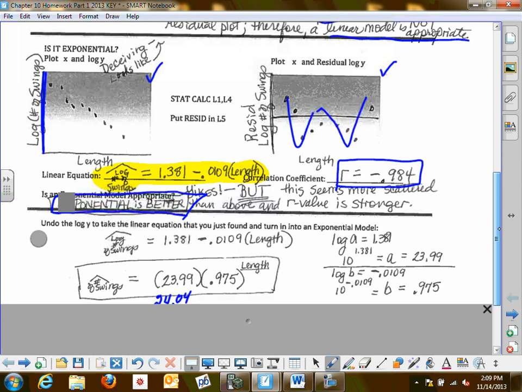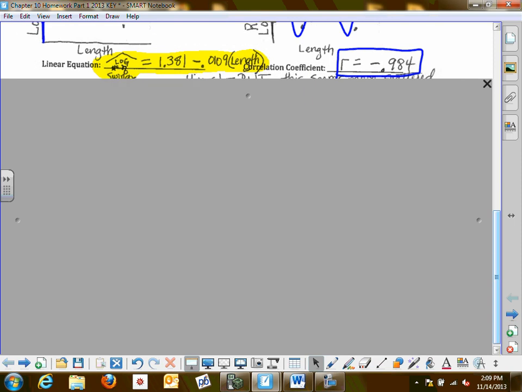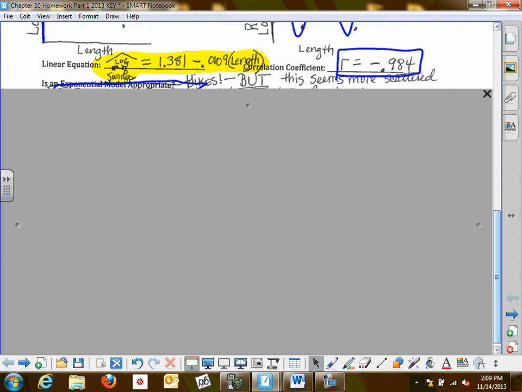Now, let's talk about what we're going to be doing today. So here we go. When we ended yesterday, you guys got equations such as this right here. You got that the predicted log number of swings is equal to this based on the length of the pendulum.